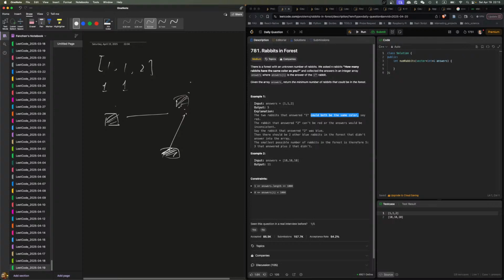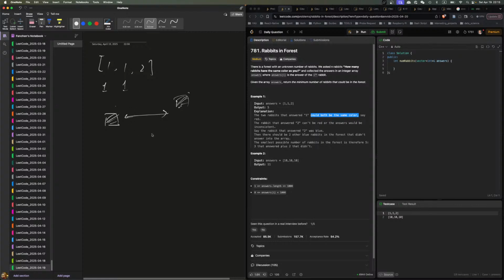Get back to it. I think I still don't understand why it's 5. The two rabbits that answer 1 could both be the same color, say red. Oh, I see. Yep, so these two are the same.